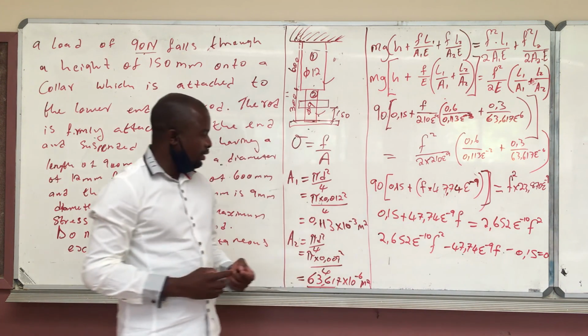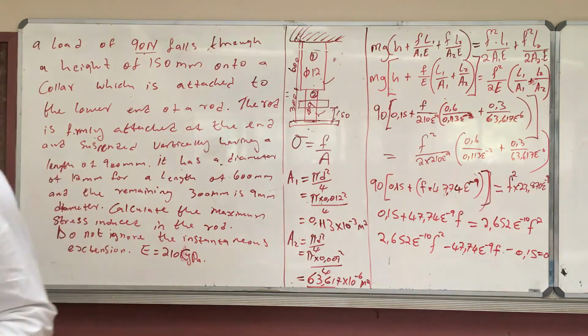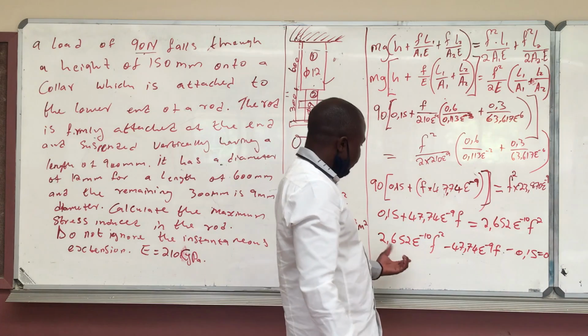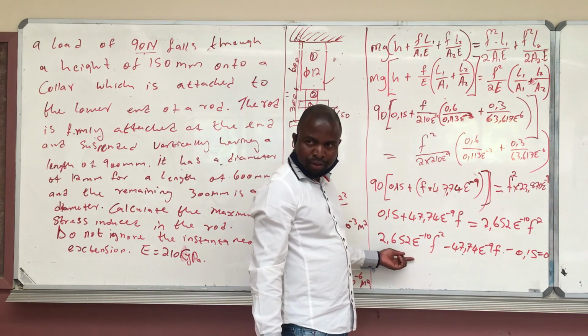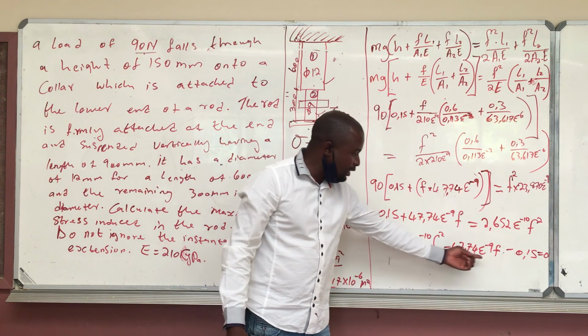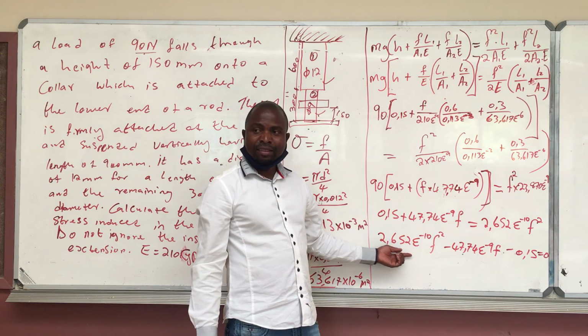Did I write it correct? Yes. So again, it's up to you to solve this. Some other people prefer to have A as 1. If you prefer to have A as 1, it means you divide by this one everywhere. Do you understand?